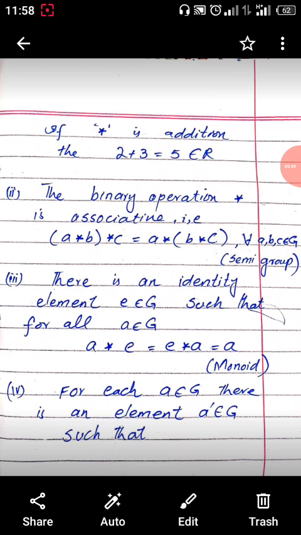So if 2 is in the set, then minus 2 must belong to that set, if we are discussing the operator with respect to addition. With respect to multiplication, if 2 belongs to G, then 1/2 should also belong to G. This implies that the multiplicative inverse of 2 is 1/2, of 3 is 1/3, of 100 is 1/100, of a is 1/a, and the additive inverse of 1 is minus 1, of 3 is minus 3.